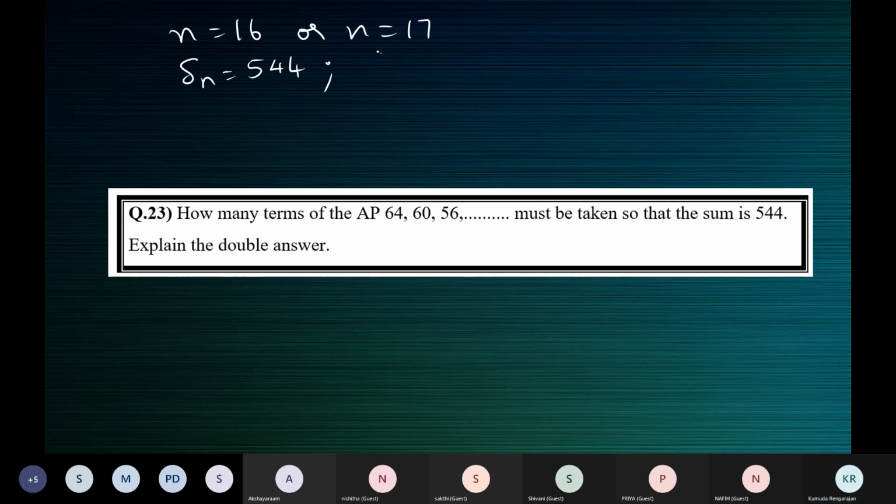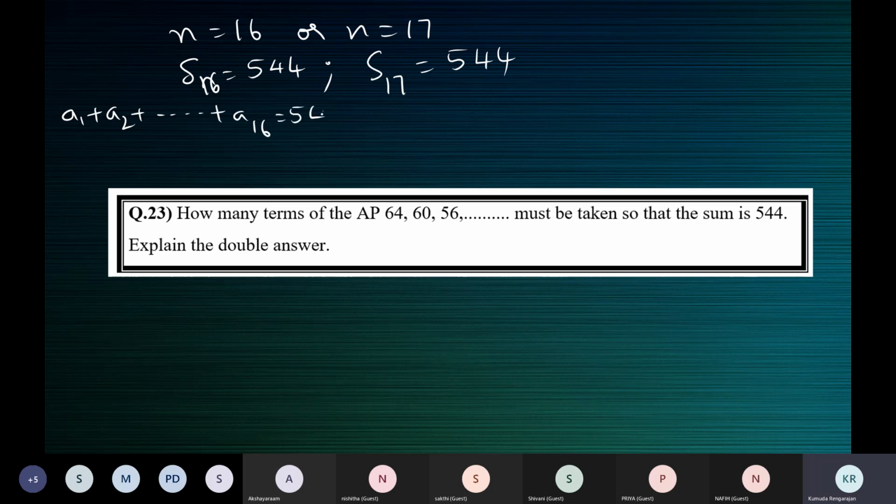Also, S16 is equal to 544, and S17 is also equal to 544. S16 is 544 means A1 plus A2 till A16 is 544. The sum of the first 16 terms is equal to 544.